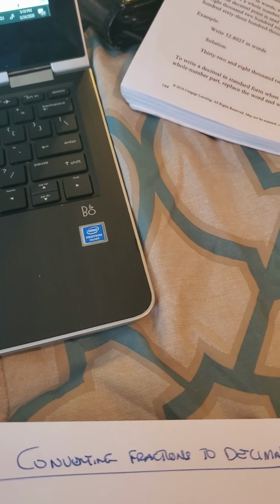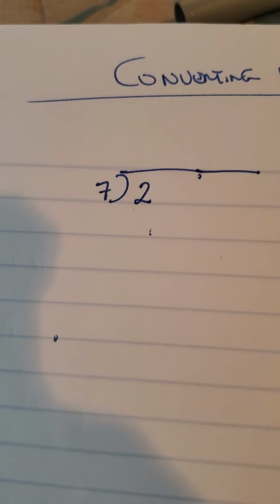For example, you could be asked to convert 2/7 to a decimal. So you treat it like a long division. 7 is my divisor, 2 is my dividend, and clearly there are no factors of 7 in 2.